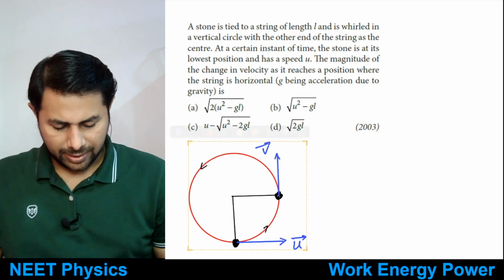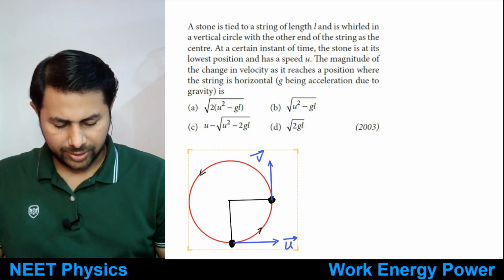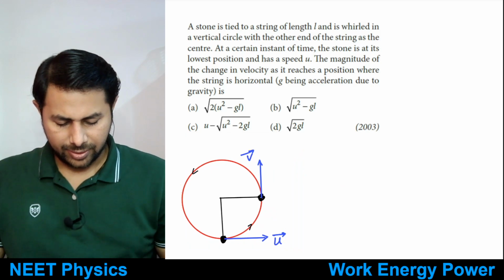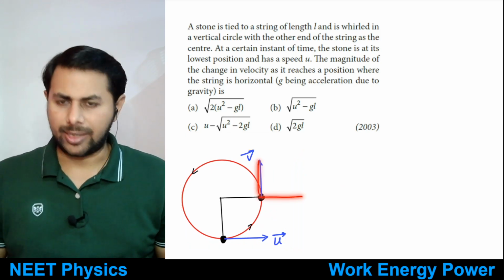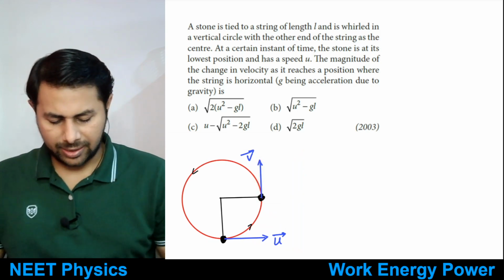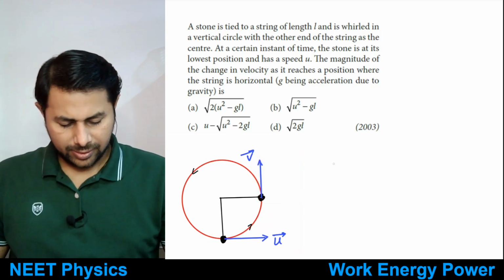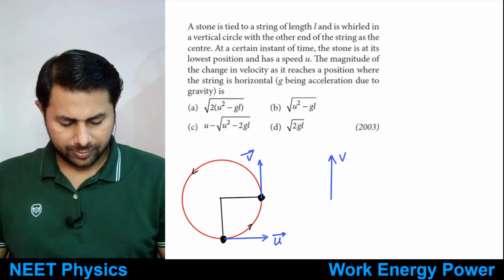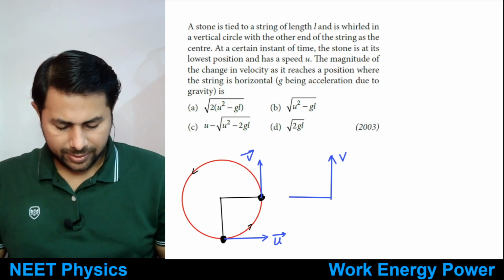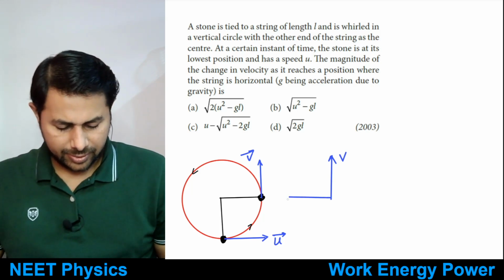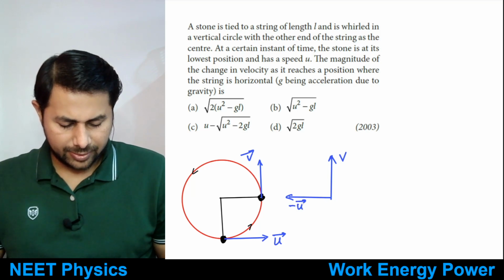So what is the change in velocity? v bar minus u bar. If v bar is directed like this, then this would be the minus u bar.